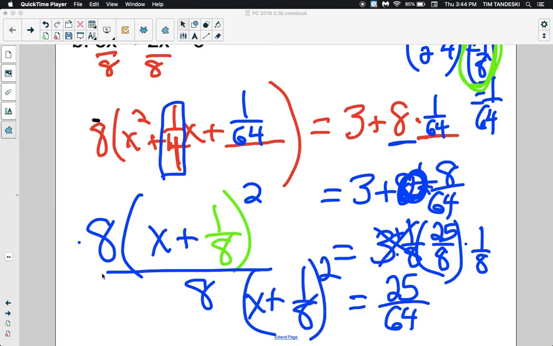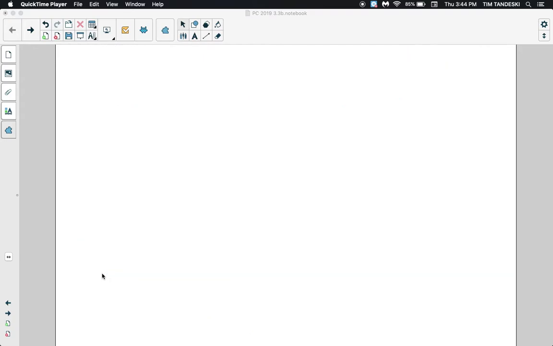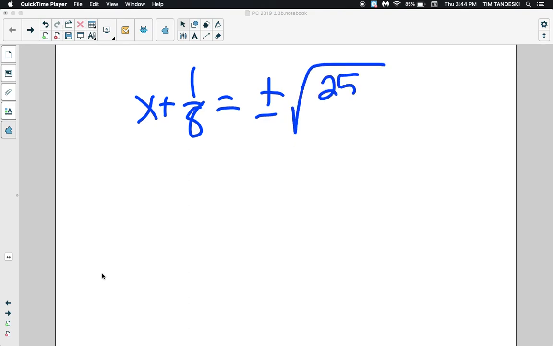All right, so I'm going to have to add a page here. I'm going to want to take the square root. So on the next page, we're going to get x plus 1/8 equals plus or minus the square root of 25 over 64.